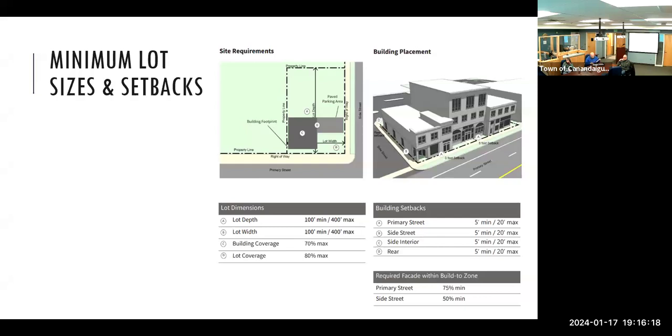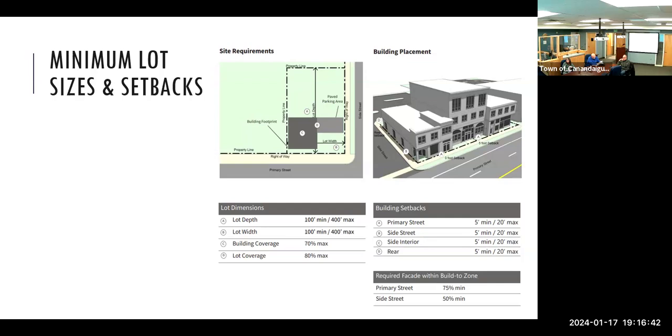So that's where we landed with regards to the minimum. The 400 foot max shoots to a pretty big over 3 acre parcel, so it allowed for a lot of flexibility with lot dimensions, recognizing a lot of different lot sizes exist within this sub area today.